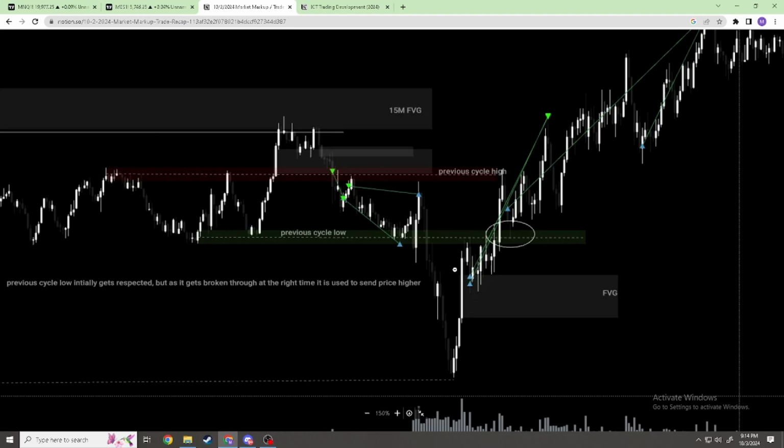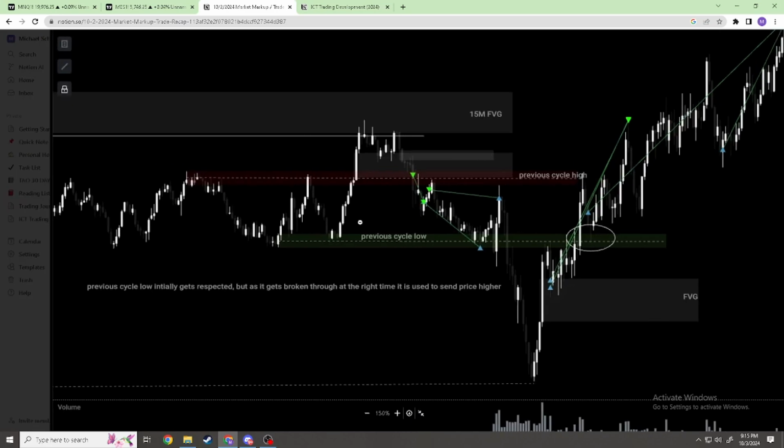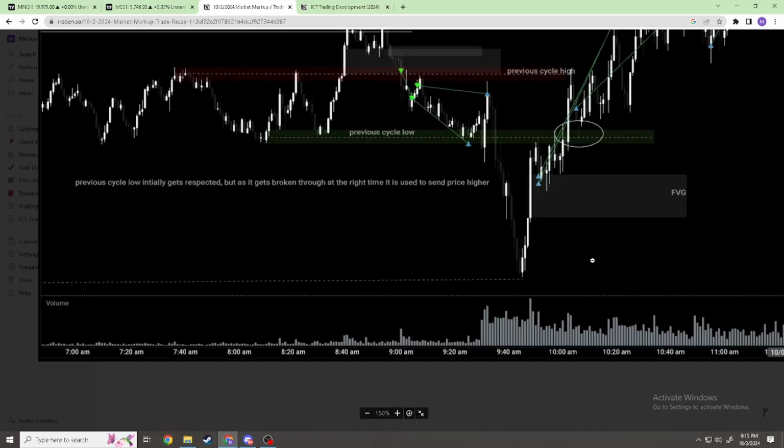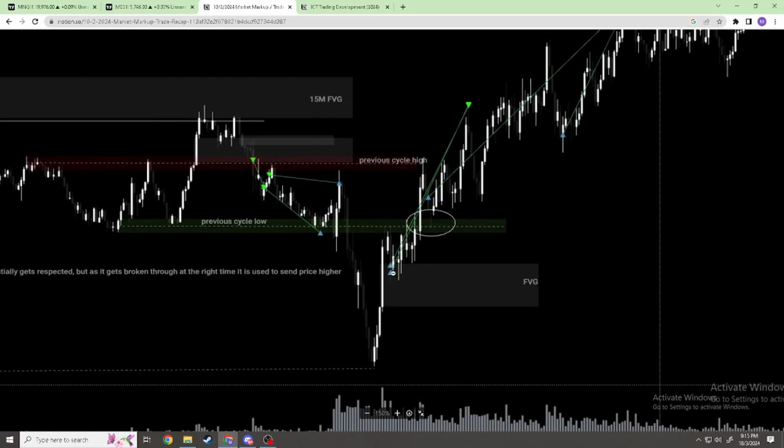And as soon as I see this wick get displaced with a change of state of delivery or market structure shift, with strong price order, not just smooth price order, with jagged, aggressive price order, forming a BISI or a fair value gap, which is this opening from this candle to this candle's wick.